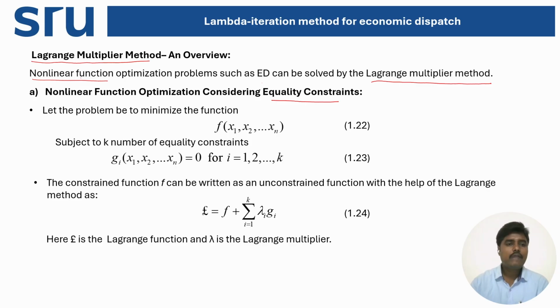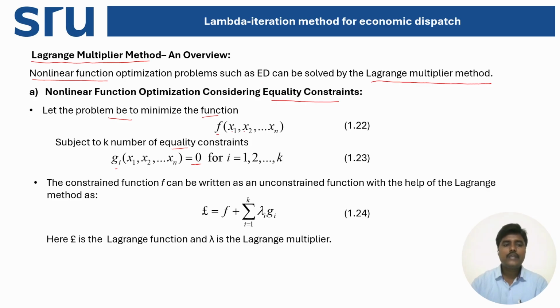So our problem is to minimize a function f having variables x1, x2 and so on up to xn by satisfying an equality constraint, that is nothing but function g_i is equal to 0.